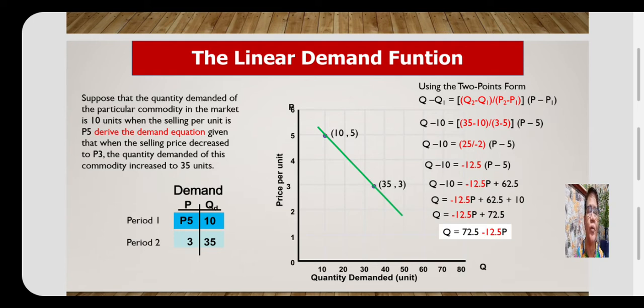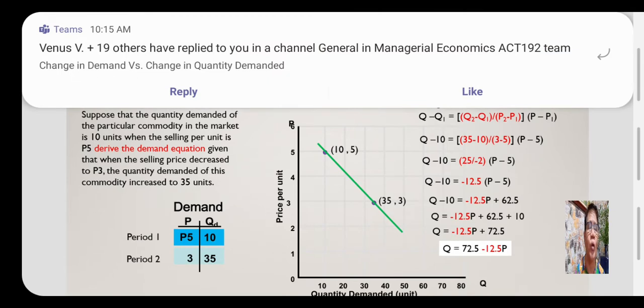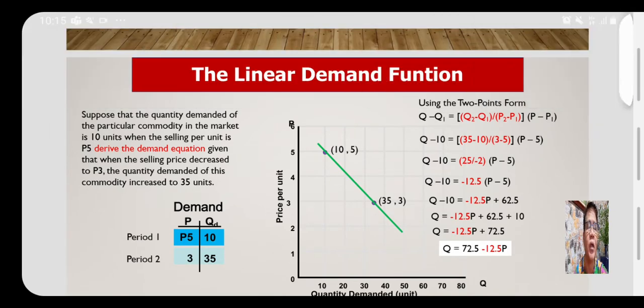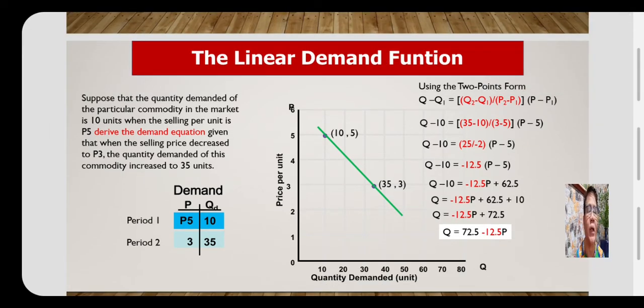So if we now substitute this to the given equation, we now have Q minus 10 is equal to the quantity 35 minus 10 divided by the quantity 3 minus 5, times the quantity P minus 5.